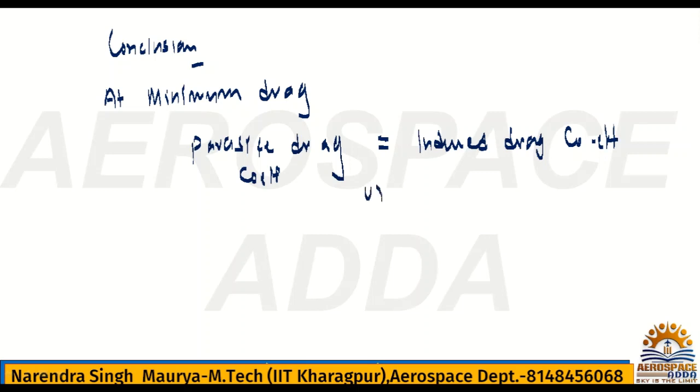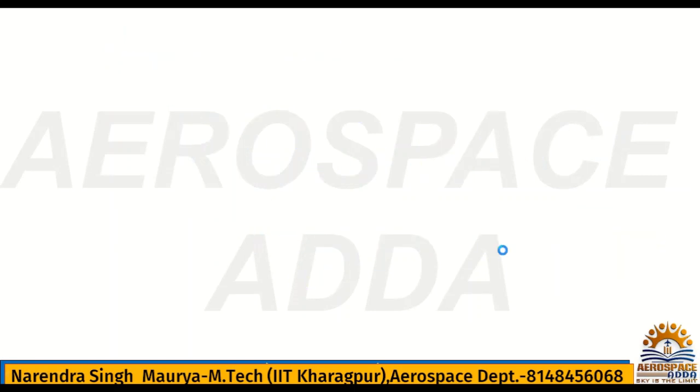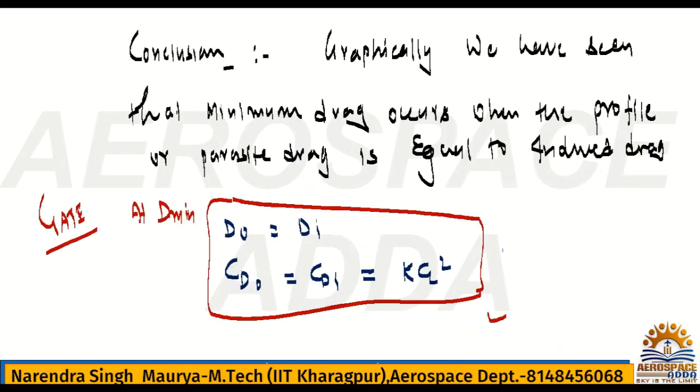or you can say parasite drag is equal to induced drag. Yes or no? This is the same thing you have achieved here in the graphical way also. See, this was the graphical. D naught is equal to Di, or CD naught is equal to CDI, or is equal to KCL square.